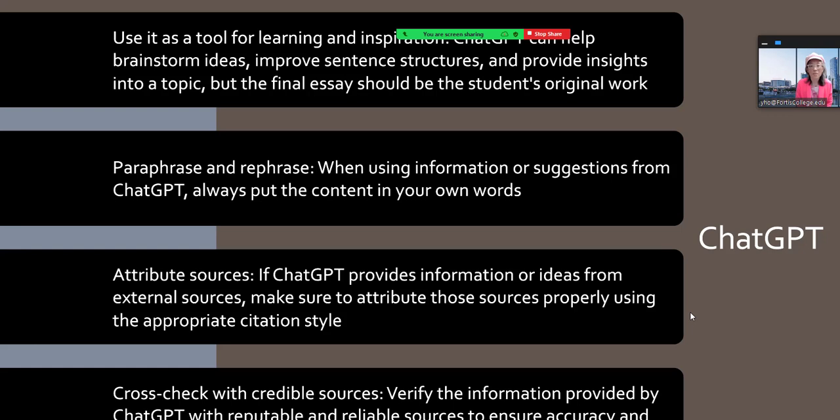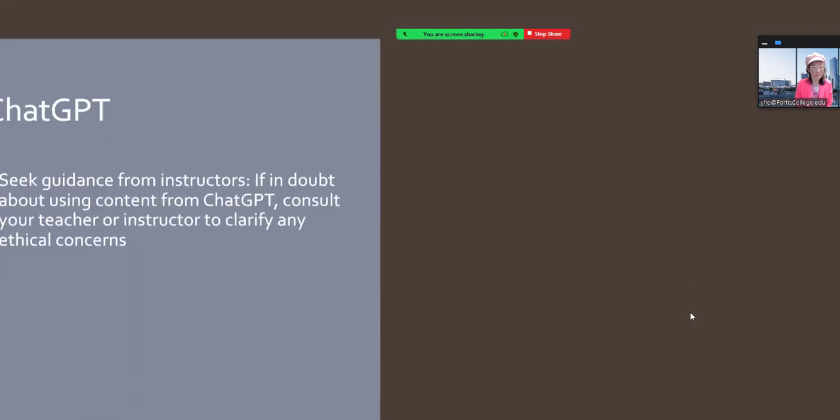When using information or suggestions from ChatGPT, always put the content in your own words. If ChatGPT provides information or ideas from external sources, make sure to attribute those sources properly using the appropriate citation style. And cross-check with credible sources to make sure that ChatGPT is not hallucinating, to ensure accuracy and credibility.